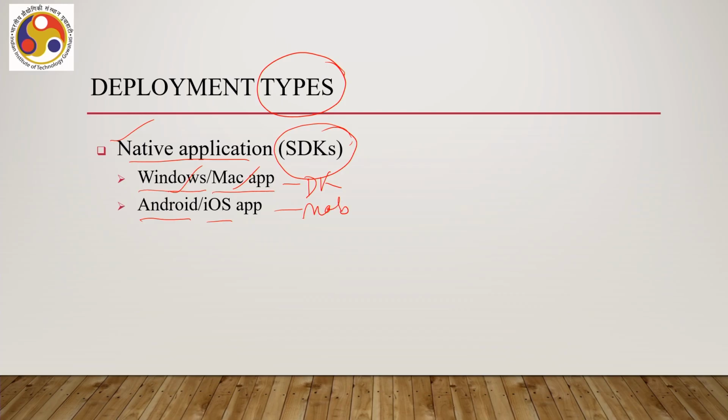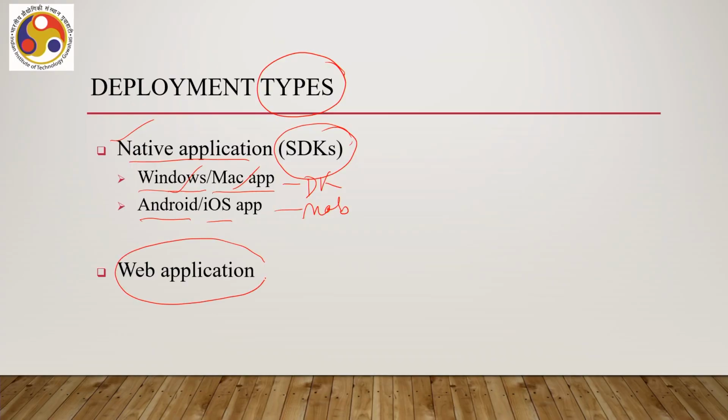Now, when we are trying to deploy, we should know what is the target deployment type, whether it is a native application or a web application. Web means the experience can be obtained remotely, with no need to use any specific device.